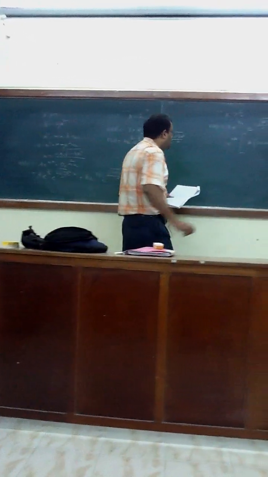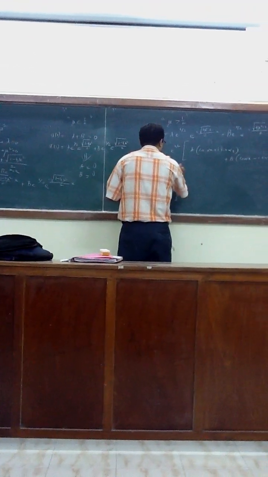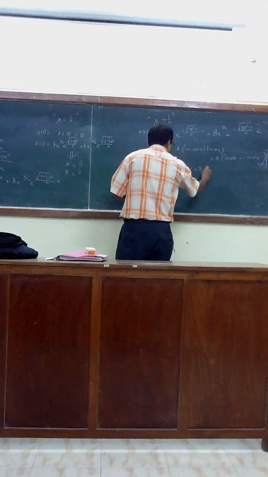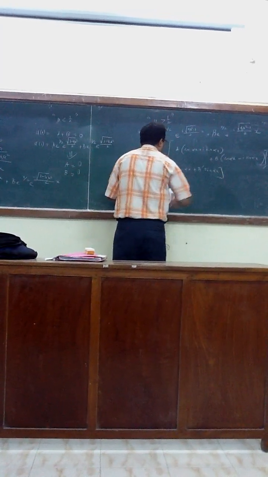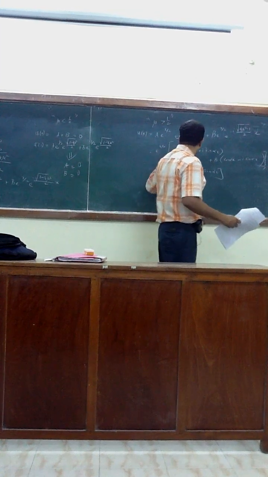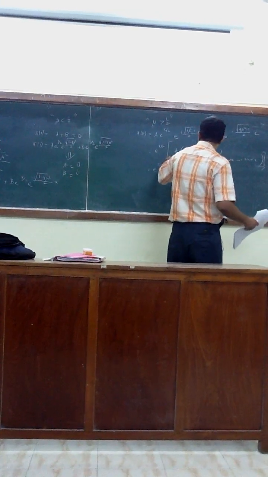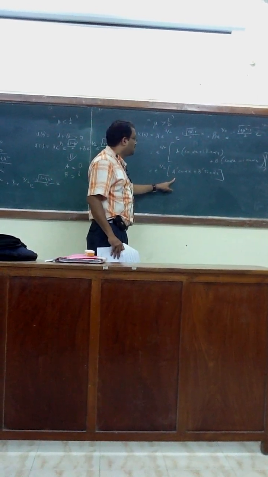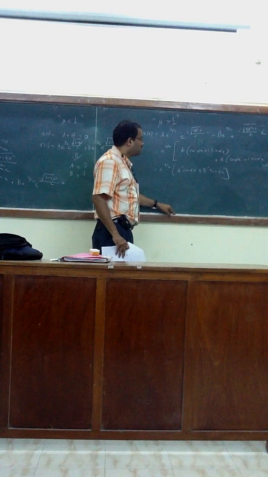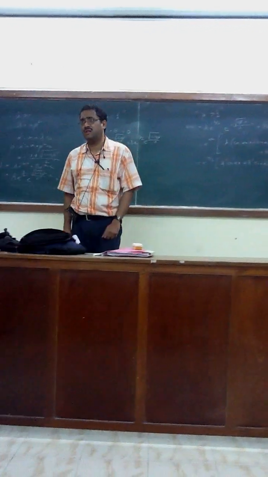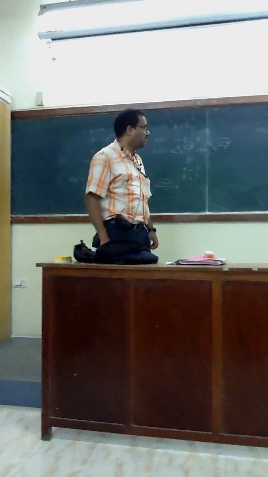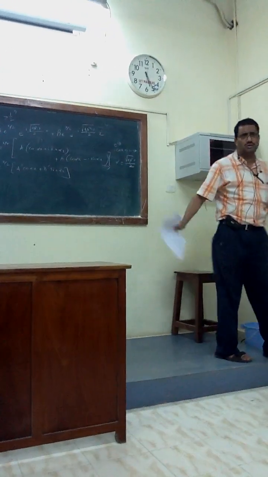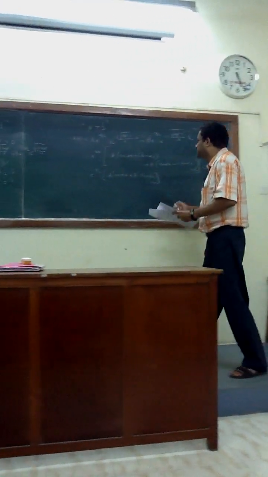So what you got finally: e to the power x by 2 times (a prime cos alpha x plus b prime sin alpha x). A prime is a plus b, right? B prime is i a minus i b, right? That's it. My job is done. Very compact. This is the way we always do it. Even this kind of thing you have done in 10 plus 2, but you don't remember the derivation. Okay, this is my eigenfunction.